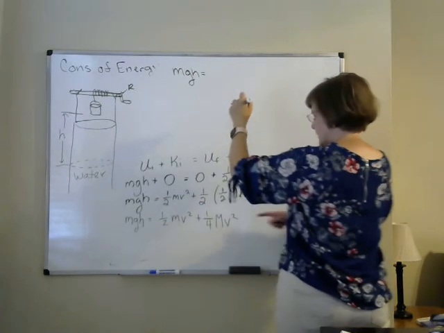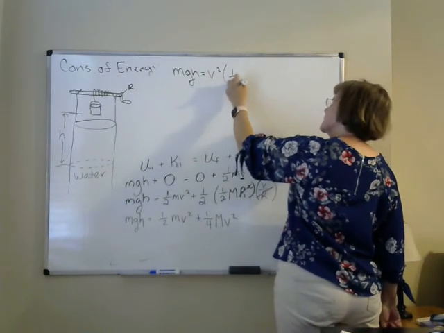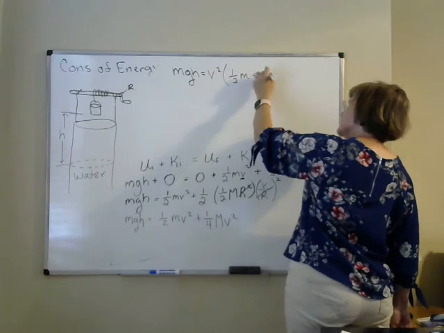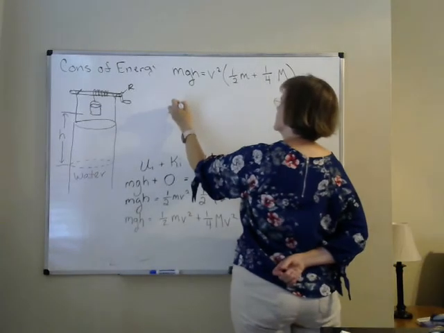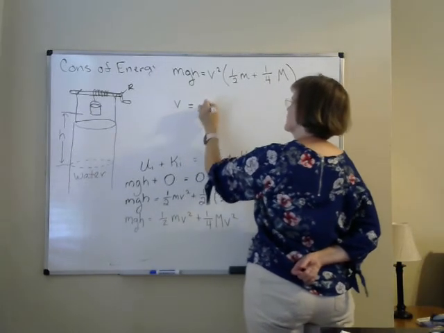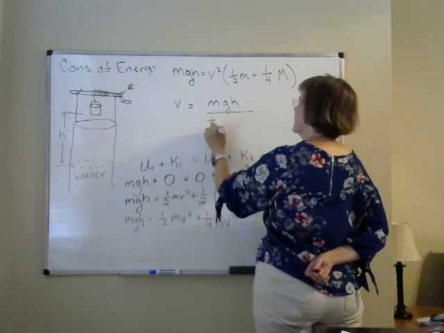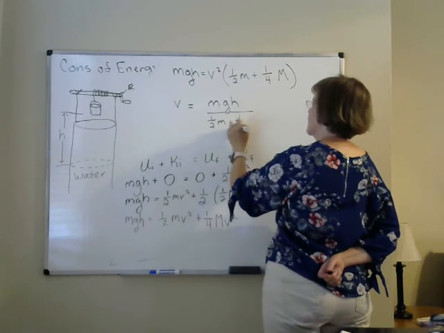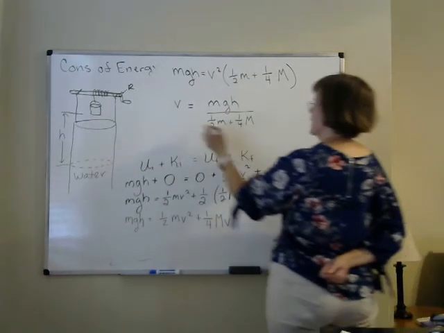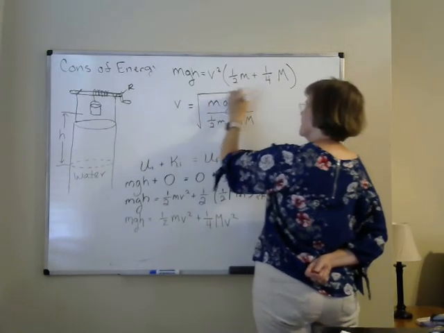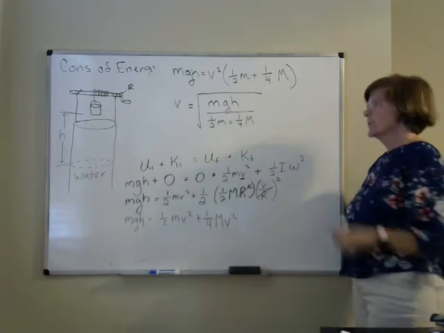I'm going to factor the V squared out. If I divide, I get 1/2 M plus 1/4 capital M. I'm dividing by all of that. And I have to take the square root. If we knew some numbers, we'd really have our answer.